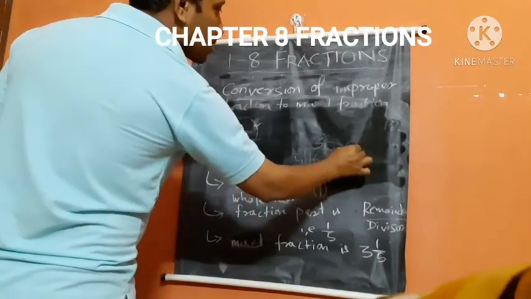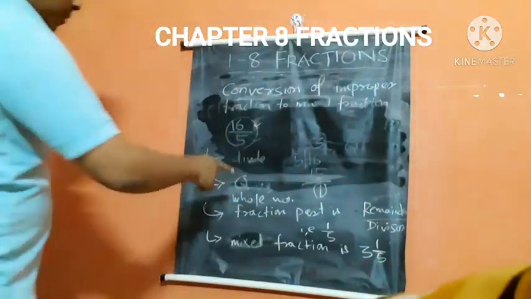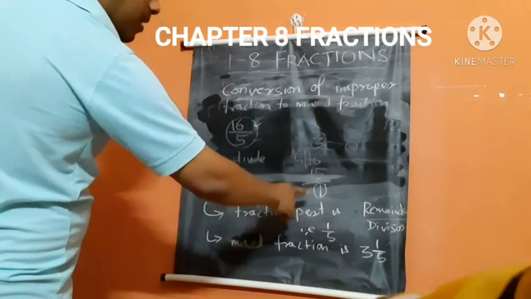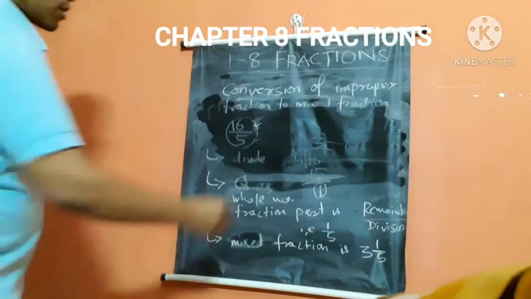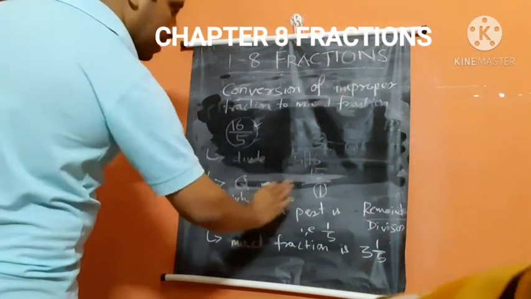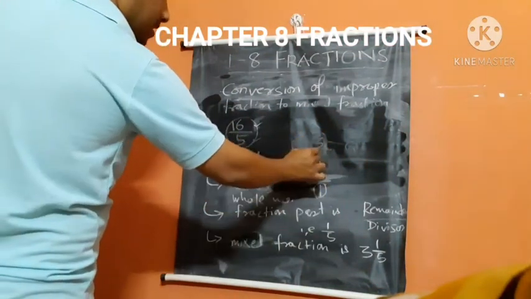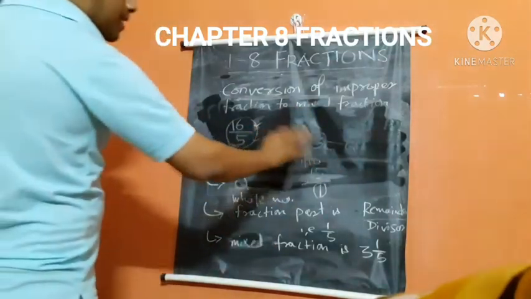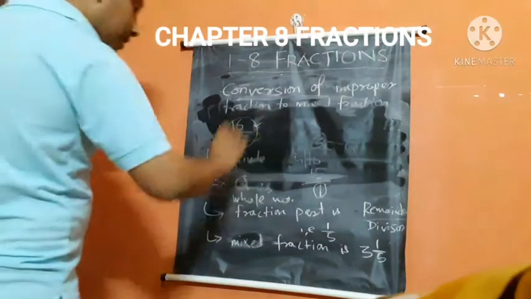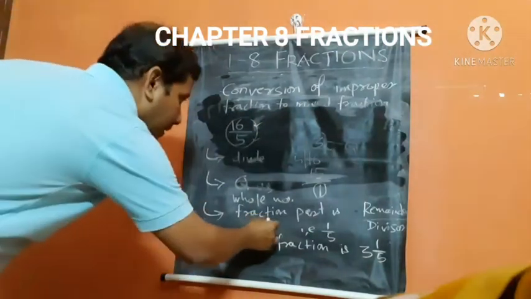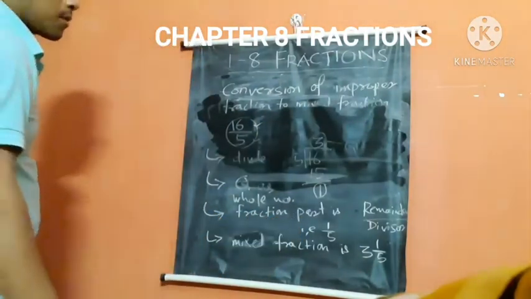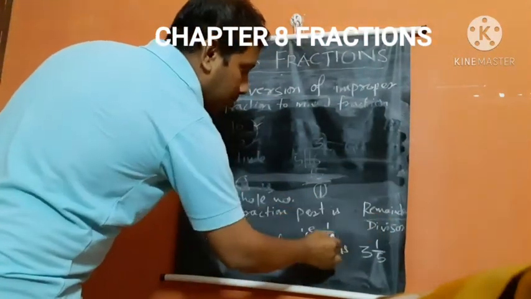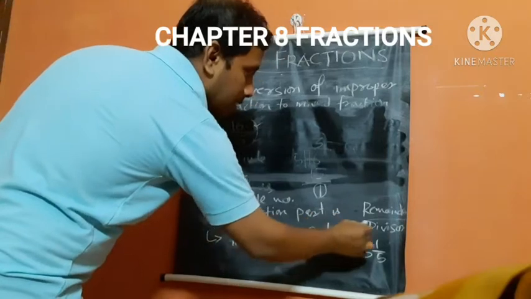The quotient part will be the whole number of that fraction. We divided 16 by 5 and the quotient was 3, so we keep it as the whole number. Now the fraction part: the remainder we got was 1, and the divisor was 5.